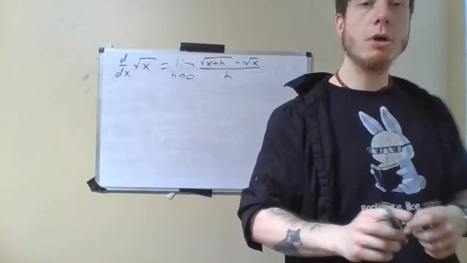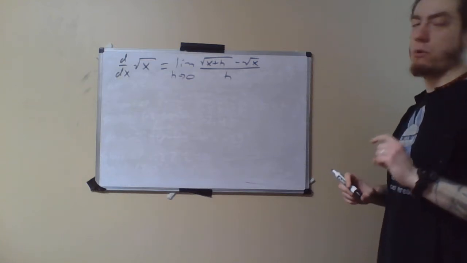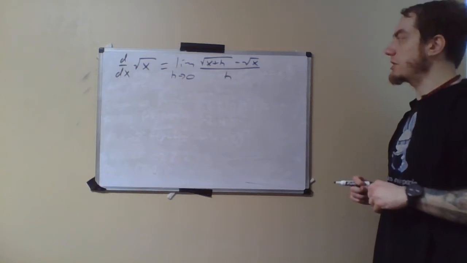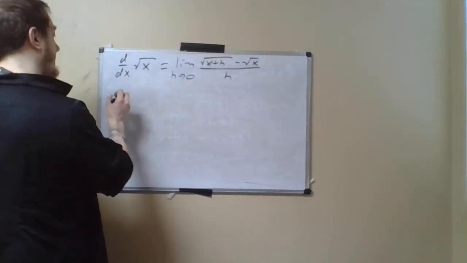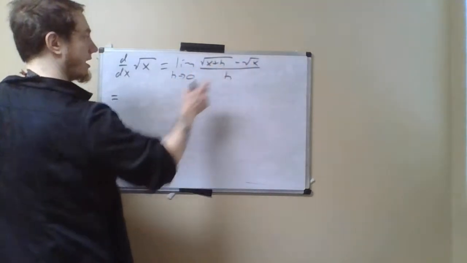Now, what we're going to do to try to handle this is a sort of rationalization, although it's not maybe exactly the way you normally rationalize. I'm going to notice that I can multiply the top and the bottom by the conjugate of this numerator.